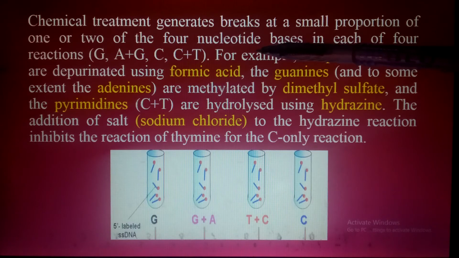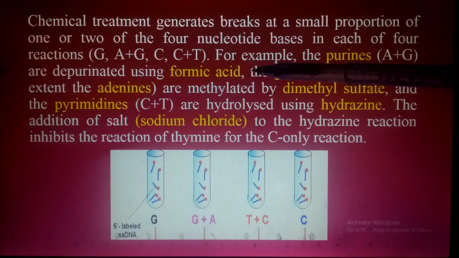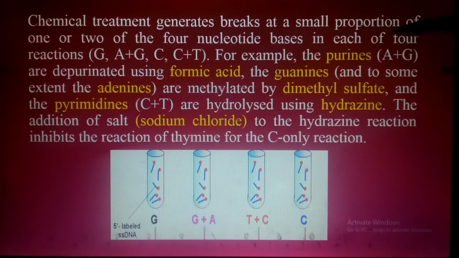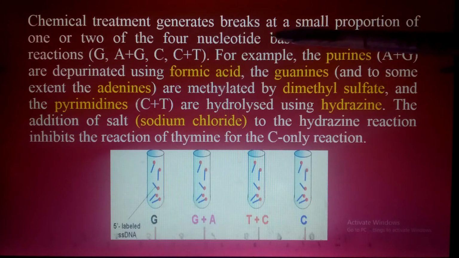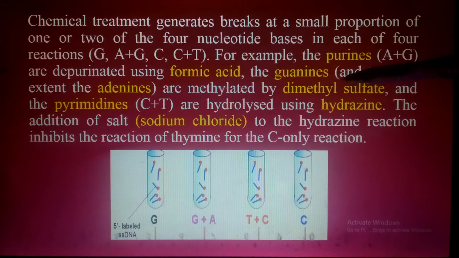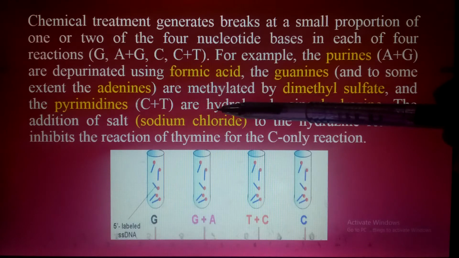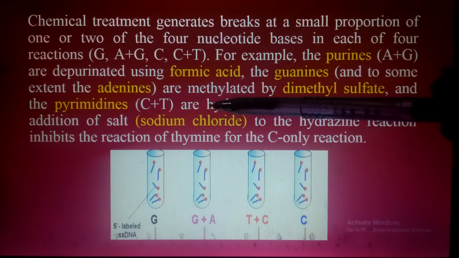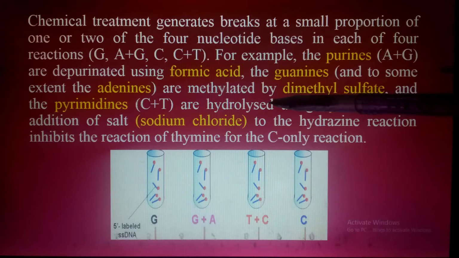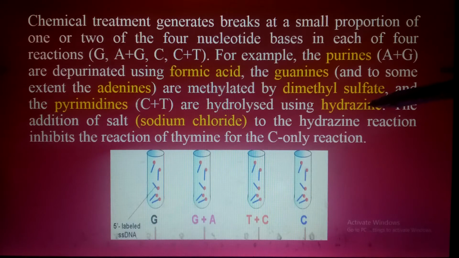Modification was done with formic acid and dimethyl sulfate. Keep it in your mind. The purines, adenine and guanine, are treated with formic acid and dimethyl sulfate, and the pyrimidines, which are cytosine and thymine, are hydrolyzed using hydrazine.